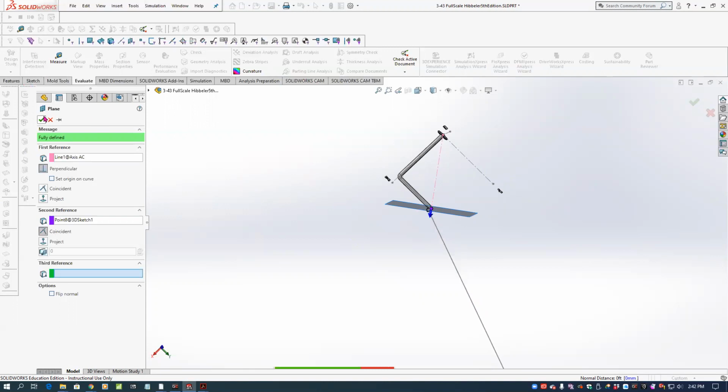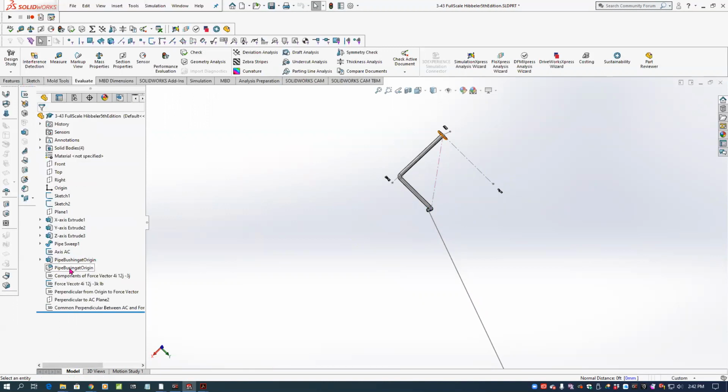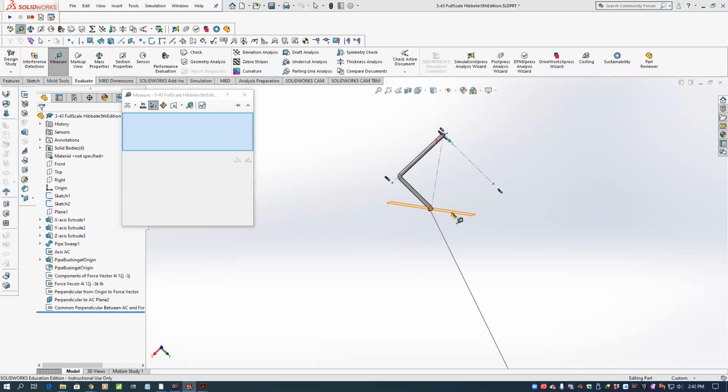So if we measure, turn that plane on there. If we measure the angle, what is the angle between my force vector and that plane? It's 53.13 degrees.